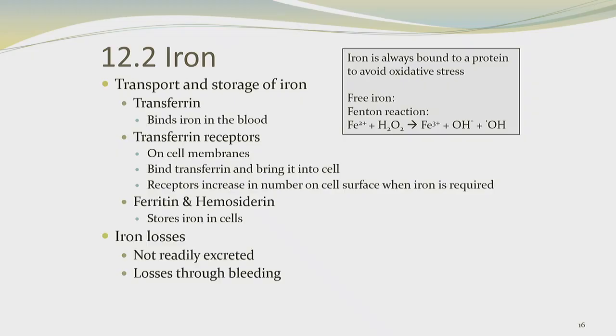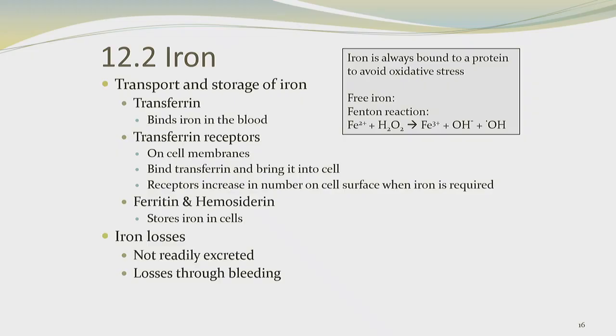So transferrin is a protein to which iron is bound when it moves through the blood. And then once it gets to the cell, it binds to transferrin receptors. So there are receptors on the cells that recognize transferrin and its attachment to iron. And so once it recognizes it through the receptors, the iron is taken into the cell.